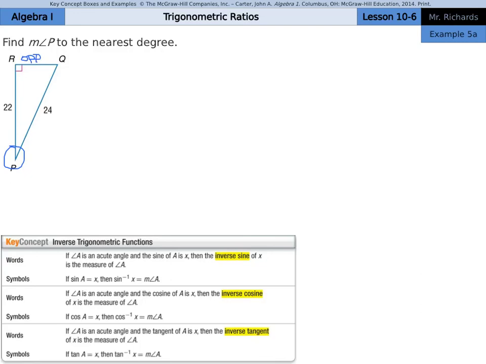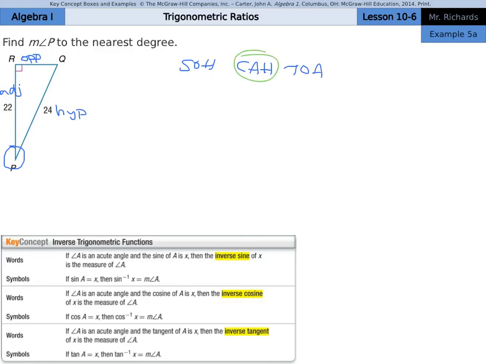The 24 would be our hypotenuse, and the 22 is our adjacent side. So as we look at SOH CAH TOA, what are we given? The adjacent and the hypotenuse. Well, that is our cosine.